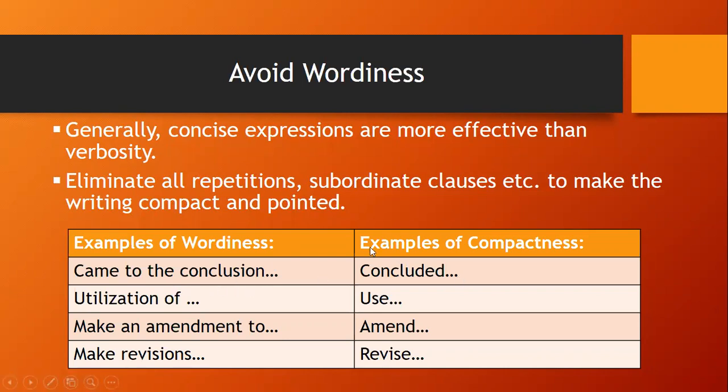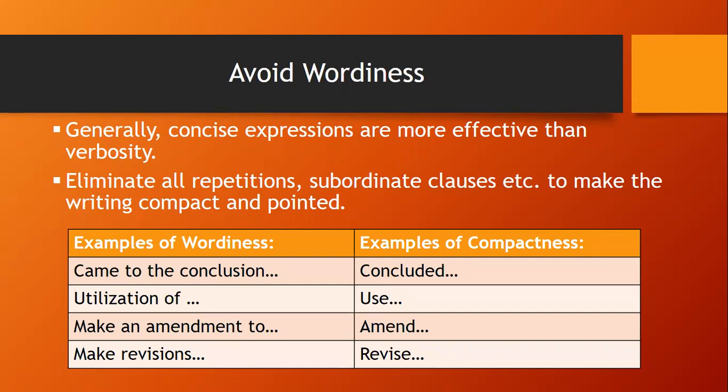Good. So the technical writing examples of compactness, especially with business writing and emails and stuff like that: concluded. Utilization of, just use the word use. But a lot of people think, but that word sounds nice. It sounds more professional. Let's use it, right? But just the word use is very compact. Make an amendment to, instead just use amend.